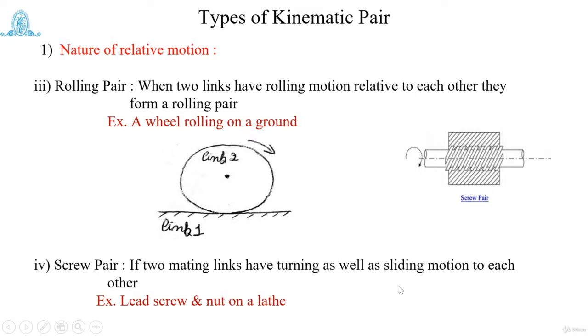That's why turning as well as sliding motion is present in a screw pair. So a screw pair is a combination of turning and sliding motion between the two links. Whenever you come across a screw, it is categorized under the screw pair, because it is a special type of pair only for screw type links.